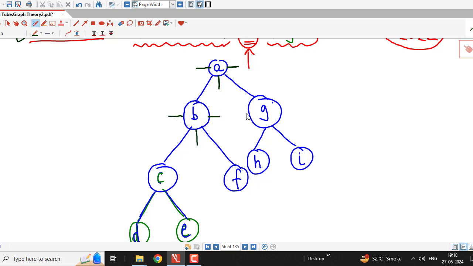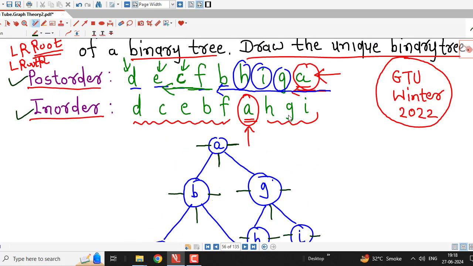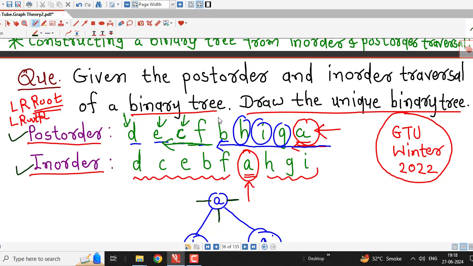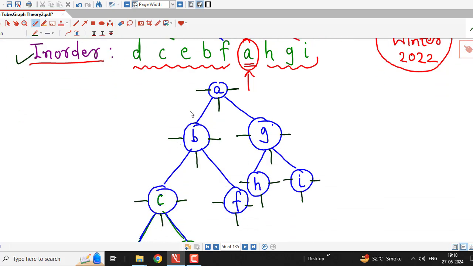Pre, in, post for each node. This is just for understanding how we can verify our answer. Otherwise, after drawing the binary tree, we have already answered this question.